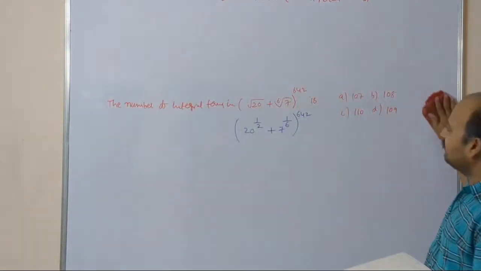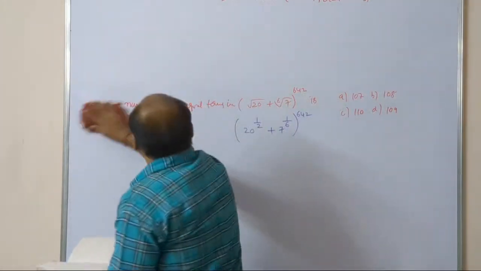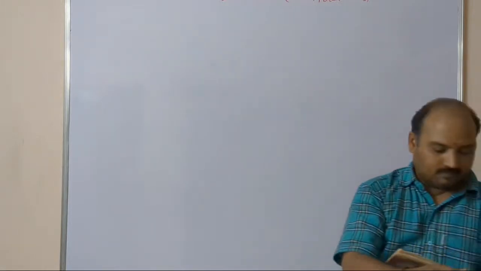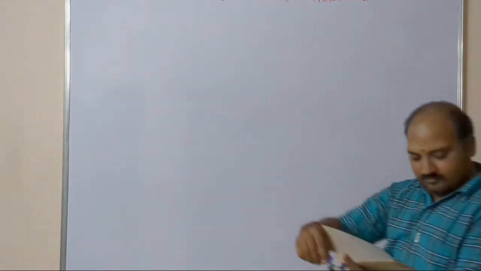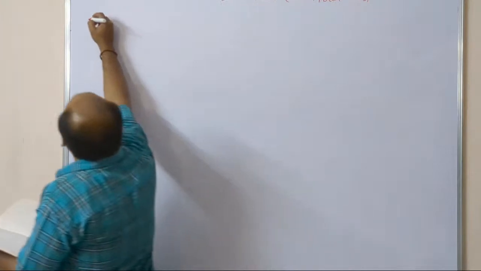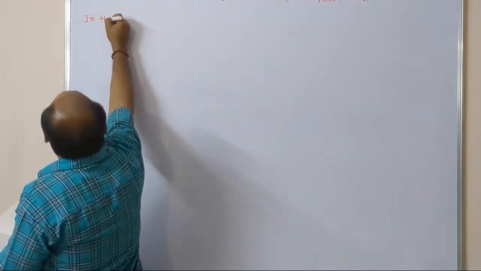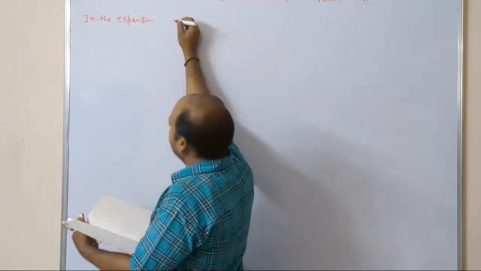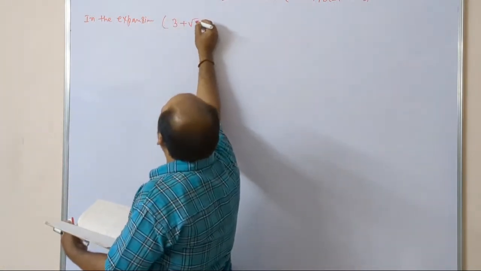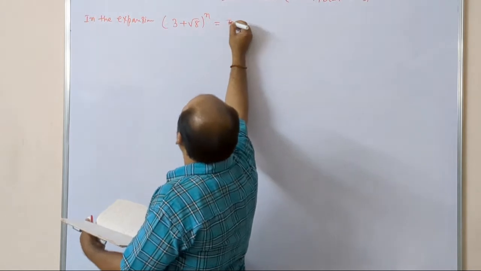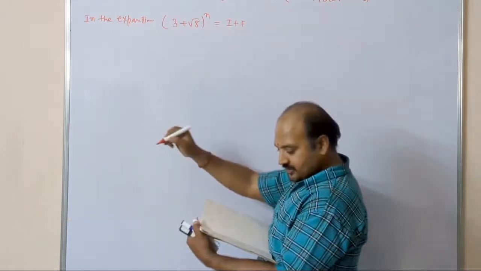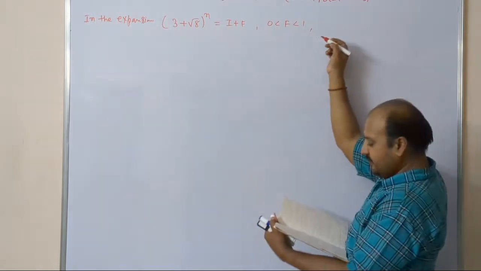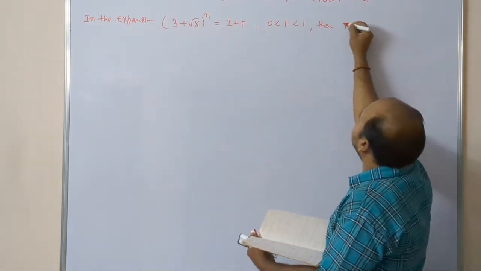Take the question. So in the expansion, 3 plus root 8 whole power n is equal to integer plus fractional part, where 0 is less than f is less than 1, then I is here.